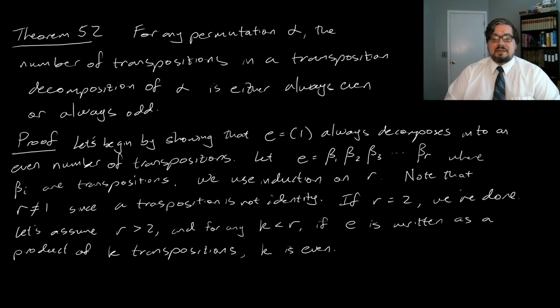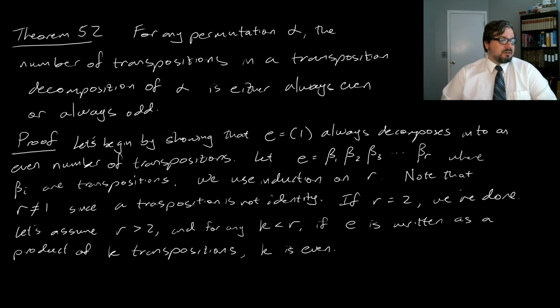We're using a form of strong induction here. All right, so we're assuming here that r is greater than 2, and if we can write the identity as a product of any number of things less than r, then that number of things has to be even.